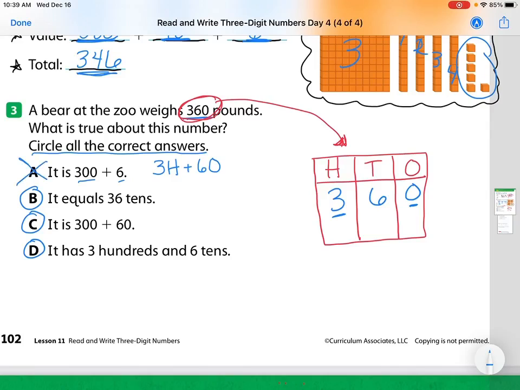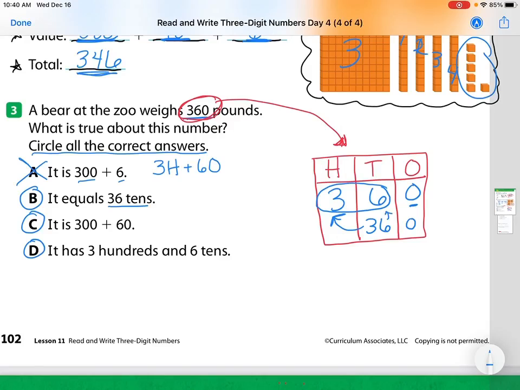All right, let's take a look at B. It equals 36 tens. Well, I know from previous lessons that if I wanted to group together these two numbers, that is the same as 36 tens and 0 ones. So B is correct because 36 tens is the same as 3 hundreds and 6 tens.